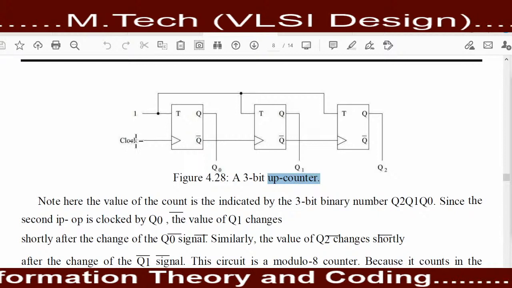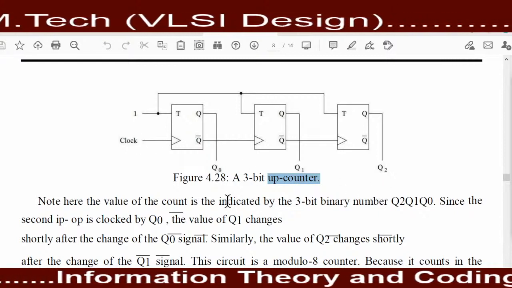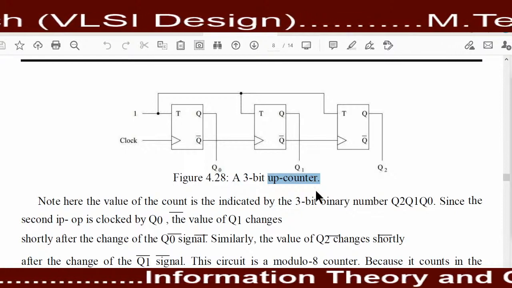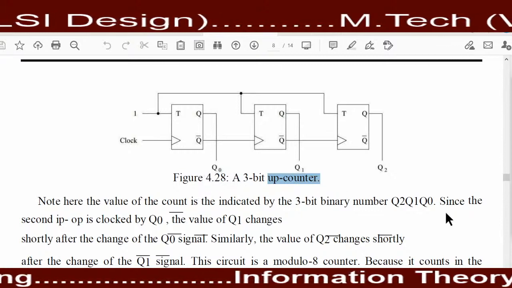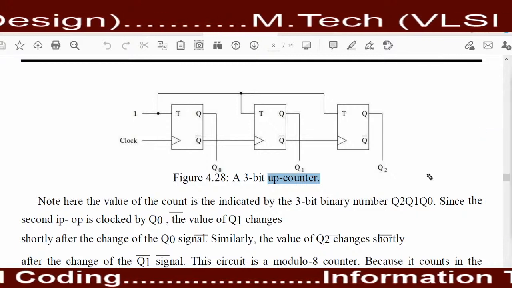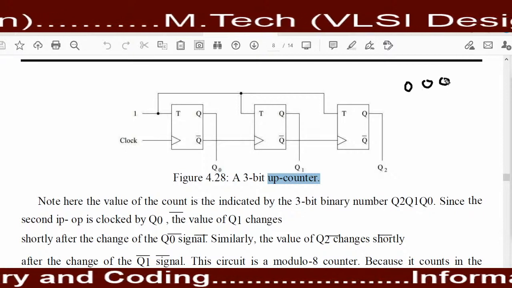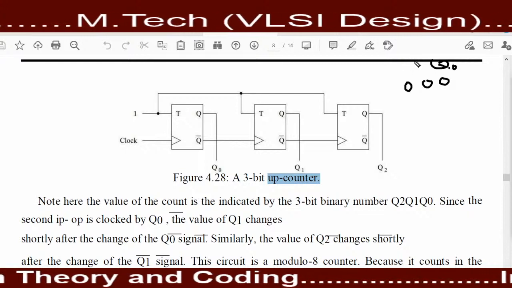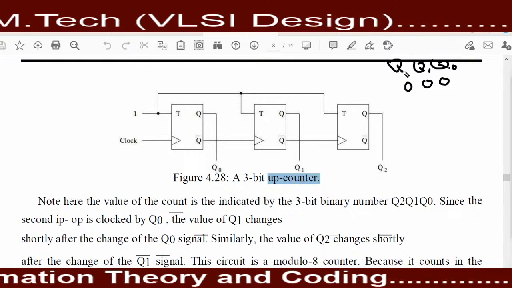After the second clock pulse, the output is 0 1 0, and after the third clock pulse, it will be 0 1 1. In the very first time, the output is 0 0 0. I am writing here, this one is Q0, this one is Q1, and this one is Q2.